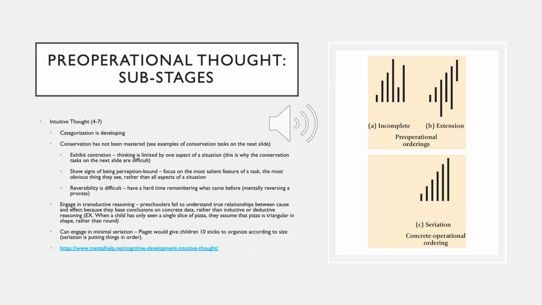The second substage of preoperational thought is intuitive thought from around ages 4 to 7 years old. And so during this time, children have several limitations in their thinking or cognitive skills, and it does make it harder for them to perform successfully on conservation tasks. So they tend to get very focused on things and how they look rather than examining all of the different variables within a task.